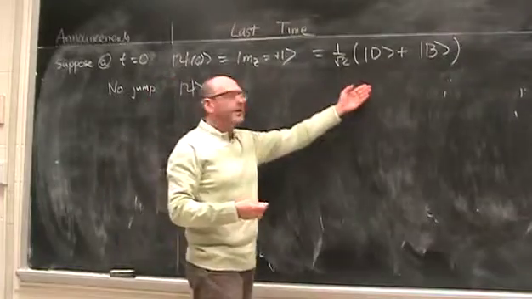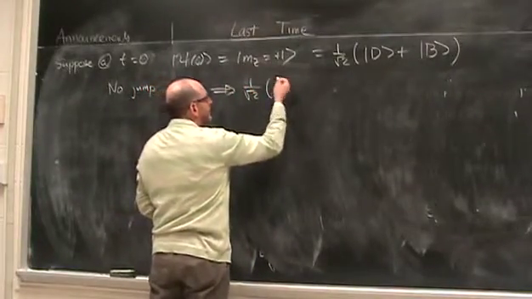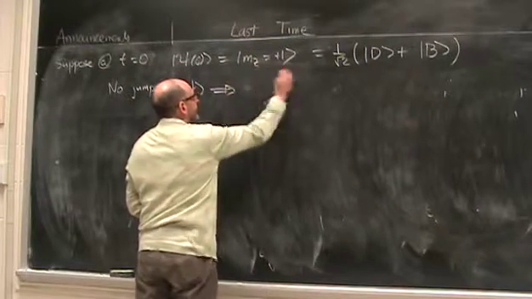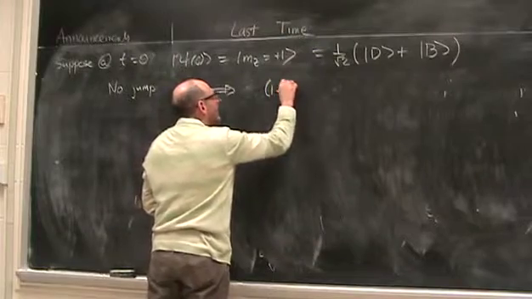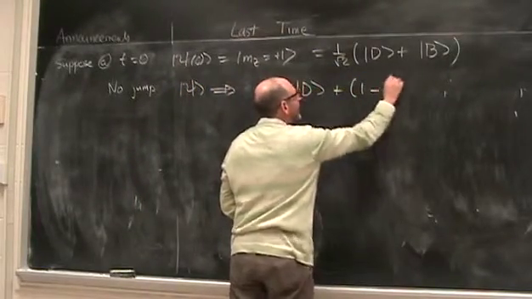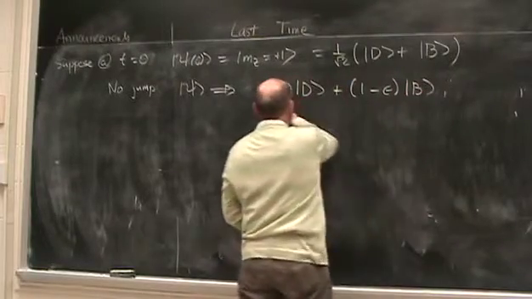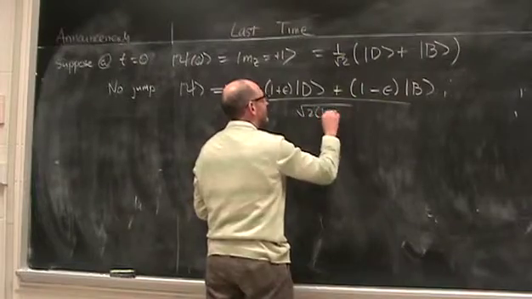And what's going to happen is we'll start adding a little bit more to the dark state and taking a little away from the bright state, normalized.